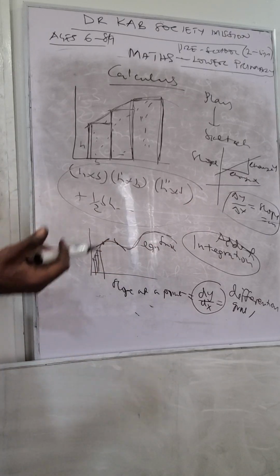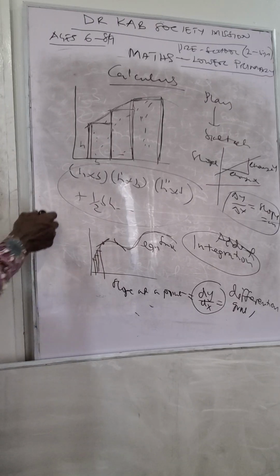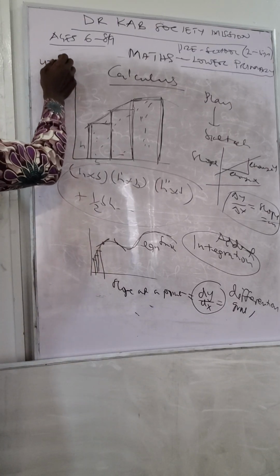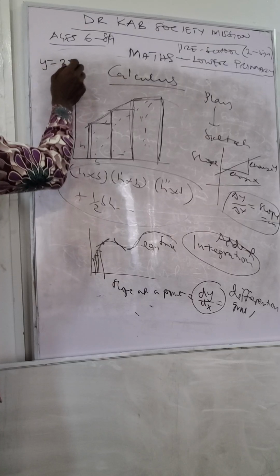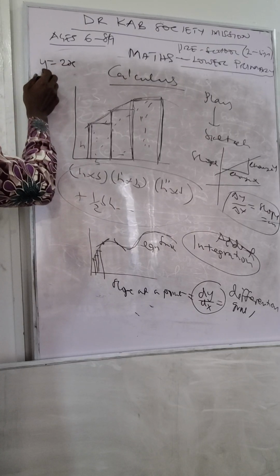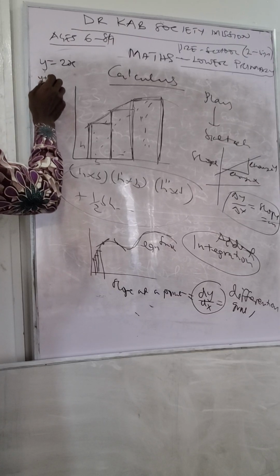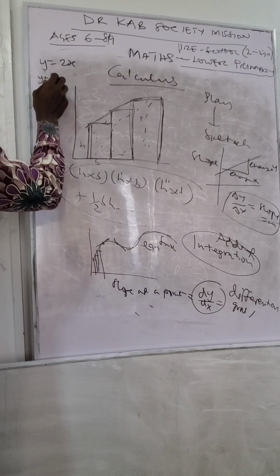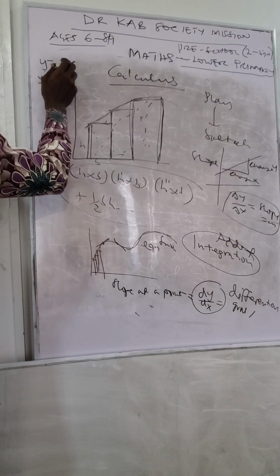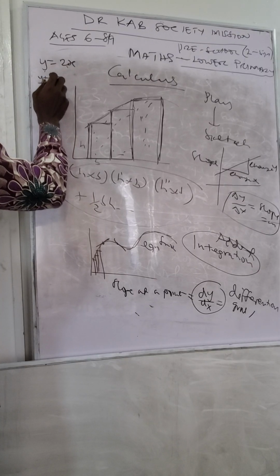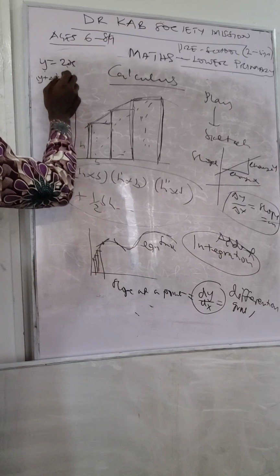Now you realize that, like we said, if you have y is equal to 2x, and we add something small to y, let's say y plus something small, then x is also going to change.